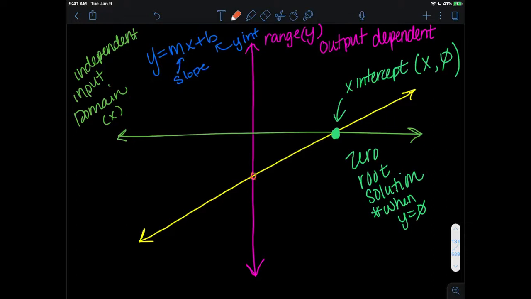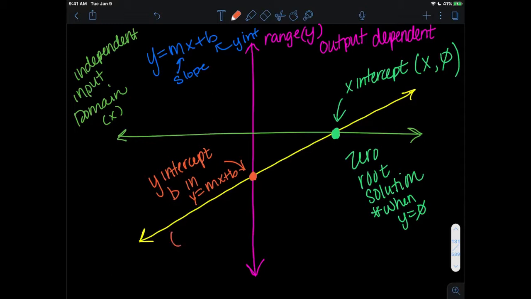So let's go ahead and take a look at another one. Here at this orange point, I have what is called my y-intercept, okay? This is also my b in y equals mx plus b. So whatever number it touches on the y-axis is my letter b in y equals mx plus b.